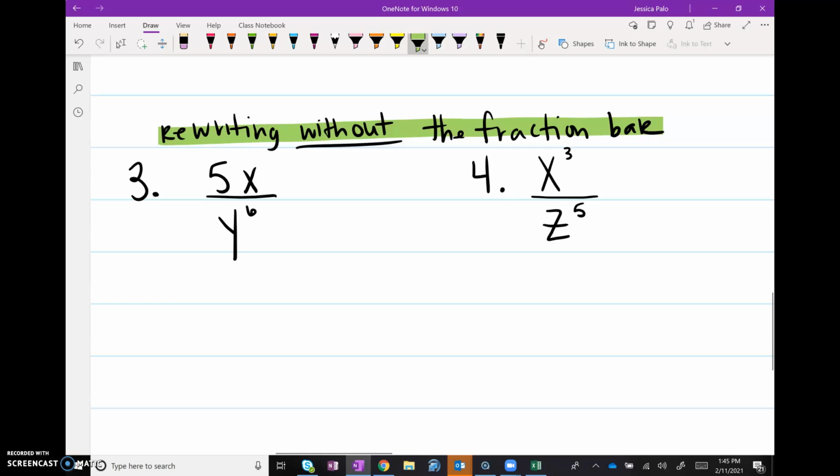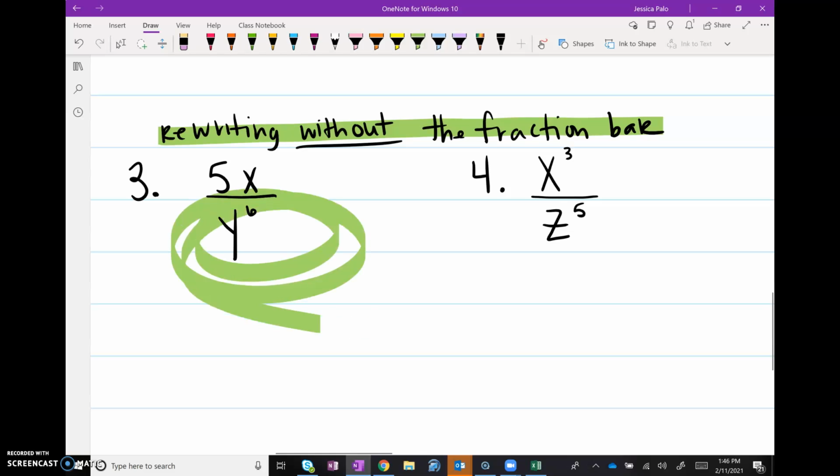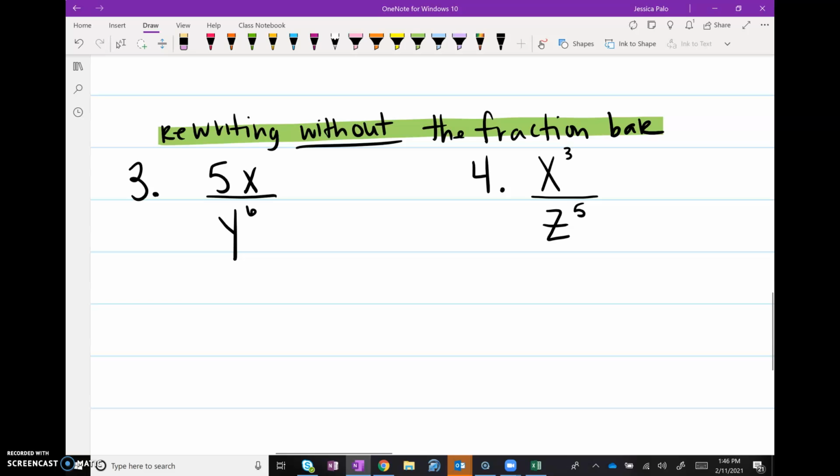If you remember from our first examples, when we move negative exponents down into the denominator, they become positive. So if we have to get rid of this fraction bar, we have to move the denominator back up. That means it's going to become negative again.